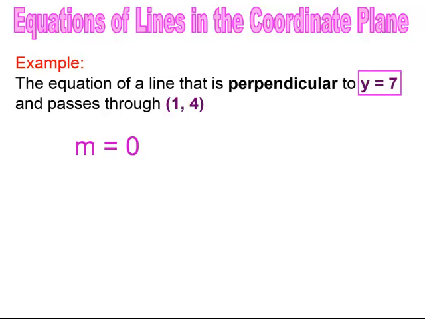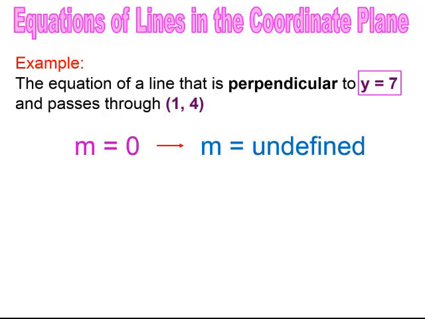Well, I need the perpendicular slope. So keep this in mind. If the slope is equal to 0 and I want the perpendicular slope, if I put that 0 over 1 and change the sign to negative and flip it, I'm going to have a 0 in the denominator. And that means that the slope is undefined. So the opposite reciprocal of 0 is undefined.